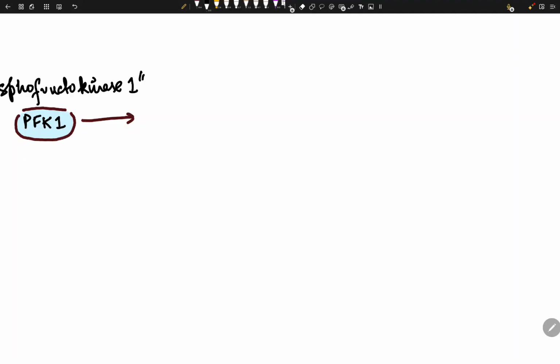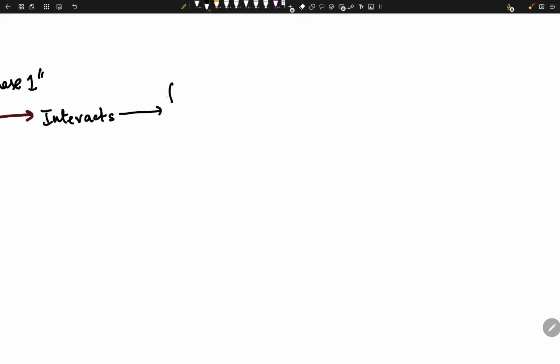That's it. Okay. So PFK1, once it interacts with glucose or fructose, it actually adds another phosphate. And then what do we have? We have fructose 1,6-bisphosphate, I hope I'm not wrong.